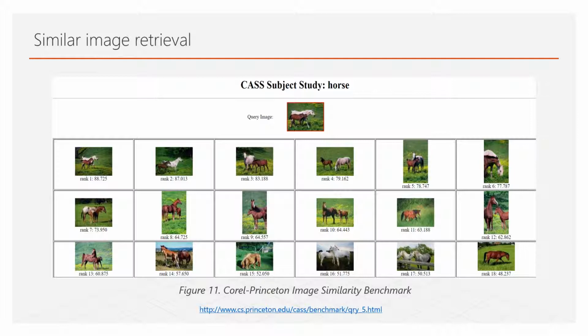Our method's advantage is to find similar images. There is an image retrieval benchmark from Princeton. In this benchmark, there are 8 classes. In each class, there is a reference image and some similar images, which are ranked by humans.